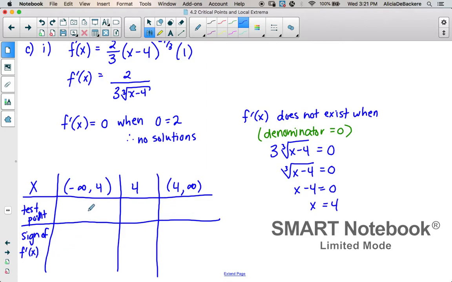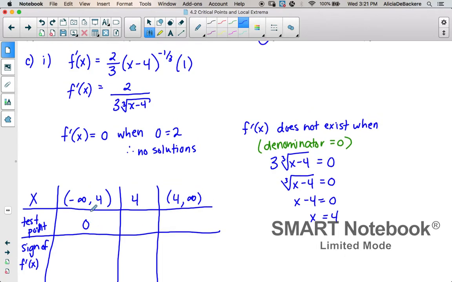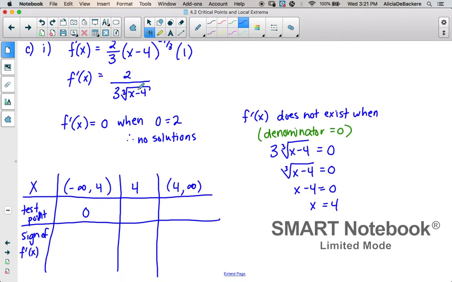Okay, so picking a test point between negative infinity and 4, I always pick 0 when I can because it's usually a nice easy one to plug in. This one, it doesn't actually make my life a whole lot easier. I'm plugging it into the derivative, so I'm going to use this simplified version when I do that. Again, at this point, I haven't moved anything across the equal sign. This is still the entire derivative.